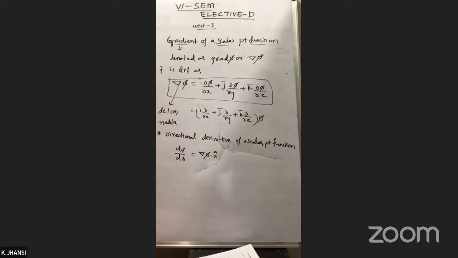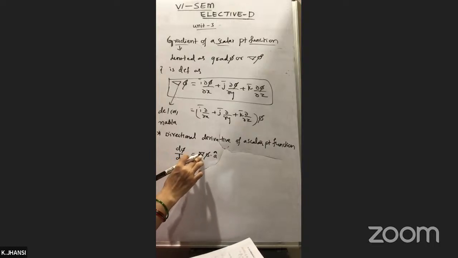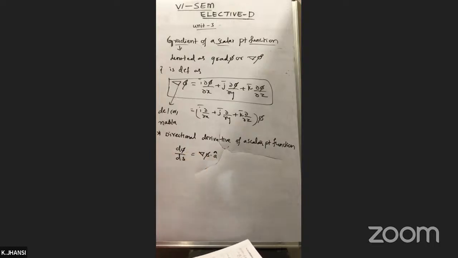So the directional derivative along the x-axis will be there, along the y-axis will be there, and also along the z-axis will be there. But the main definition is d phi by ds is equal to del phi dot vector a.